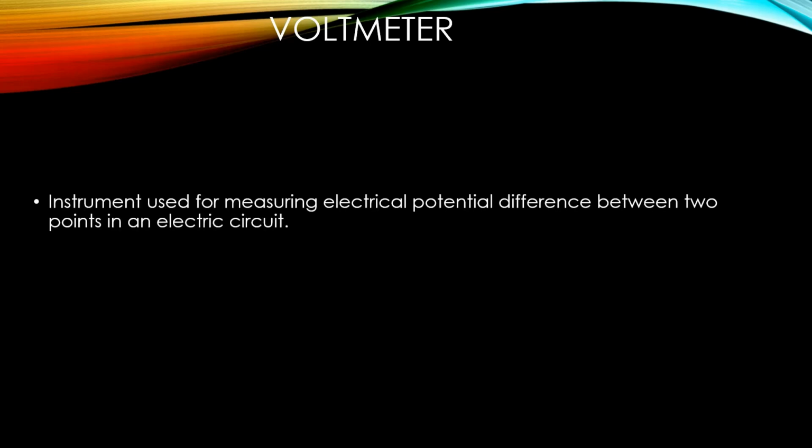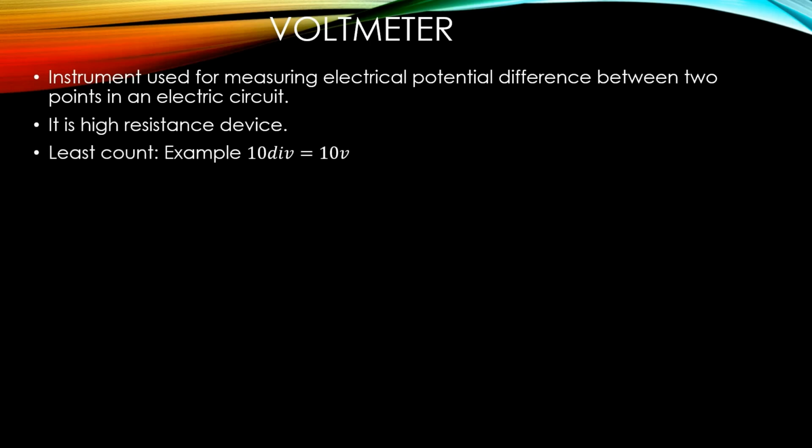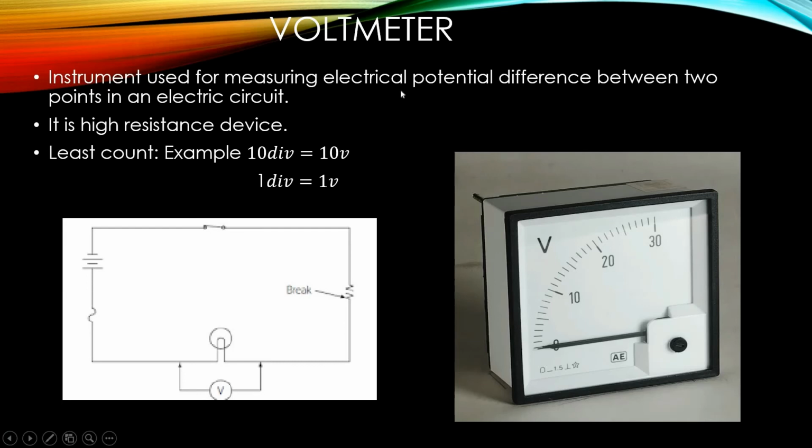Voltmeter. Voltmeter is an instrument which is used to measure electric potential difference between two endpoints of a conductor in electric circuits.